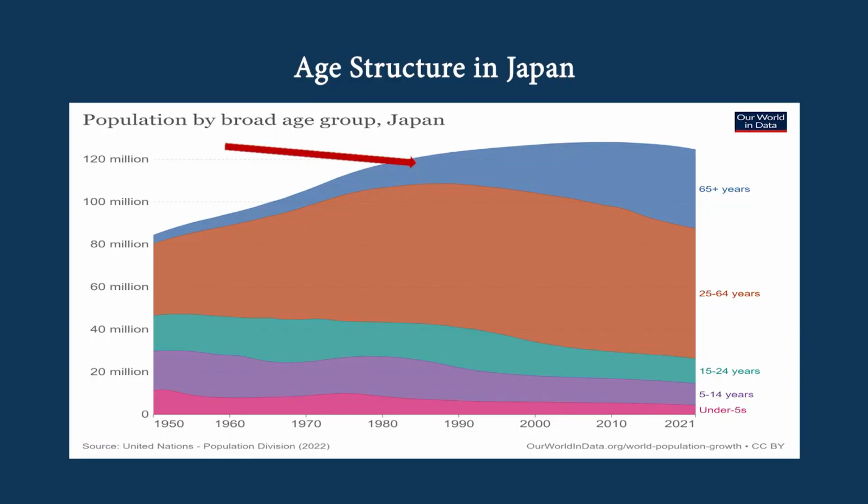What is happening in Japan? Japan's experience is very interesting. Here, in terms of age structure, we have shown it with the arrow as well. The red arrow is showing the top blue patch in this diagram, which represents the 65 plus years population.